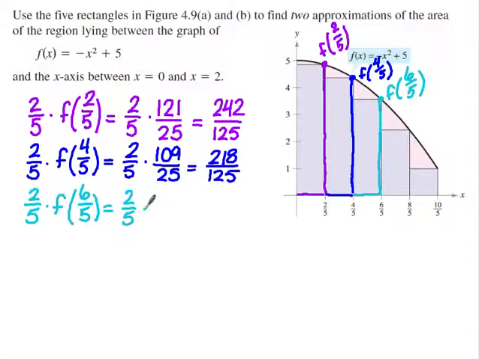So what do we have? Perfect. So I should get 178 over 125.